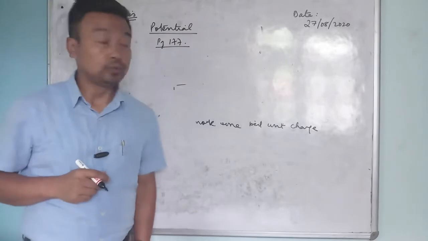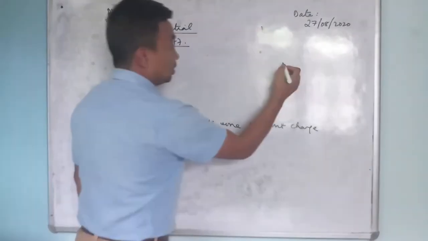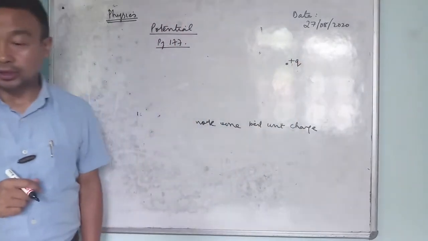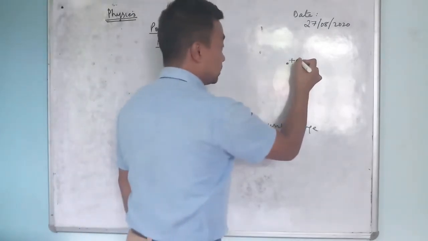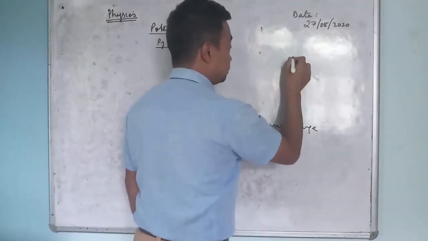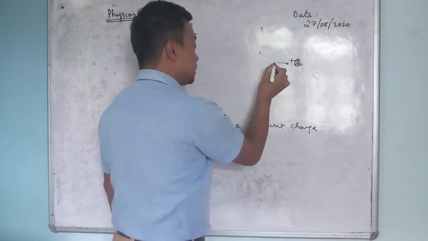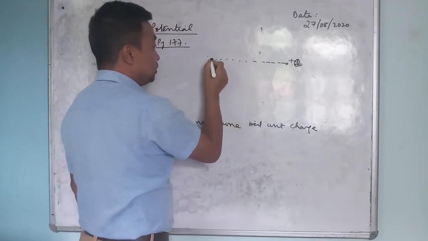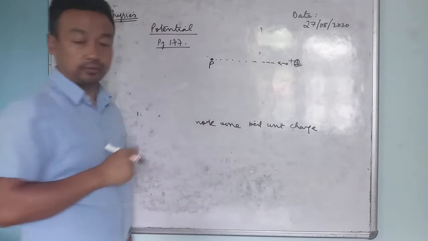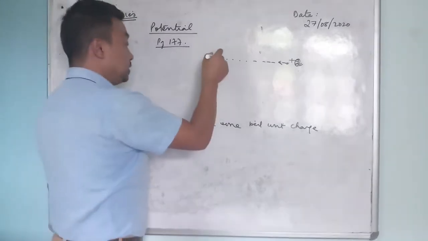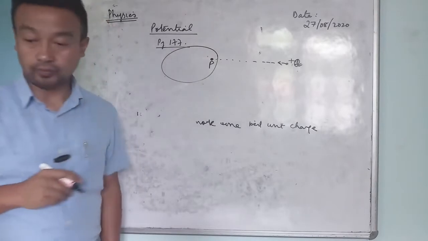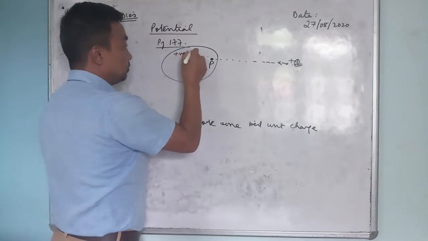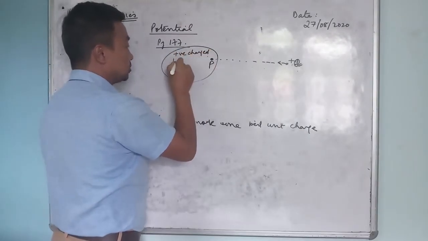Okay, so if you see here, suppose you have a positive test charge. Now this positive test charge, let us say it is at infinity. Let us take it as capital Q. Now this test charge is brought from infinity, a very far distance, to a point P. This point P is in the region of a positively charged body.